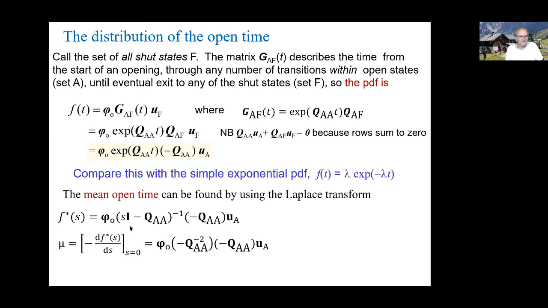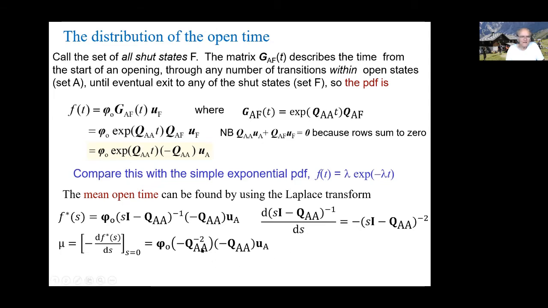So we pointed out that to find the mean of a distribution, we need to differentiate the Laplace transform of its probability density function with respect to s, change the sign and set s equals 0. Well, to differentiate this thing with respect to s, we find this, directly analogous to the scalar differentiation.